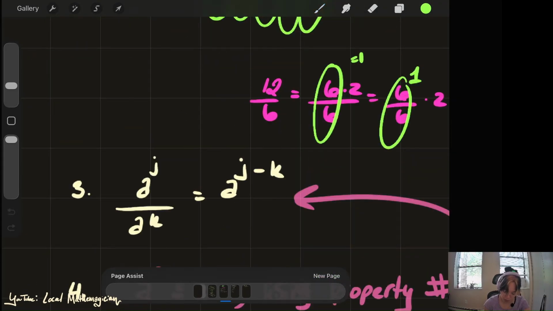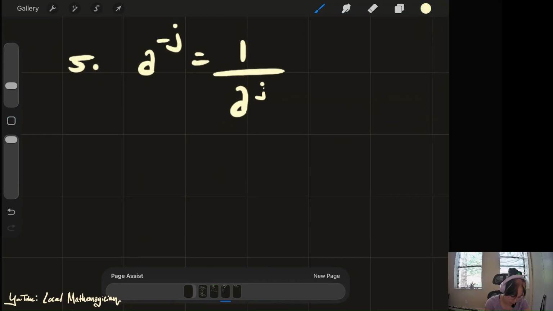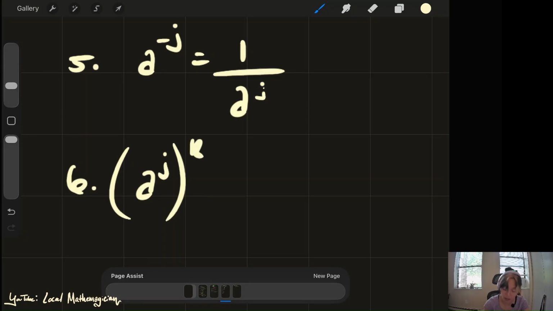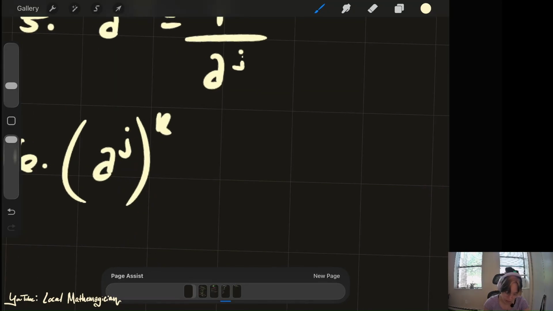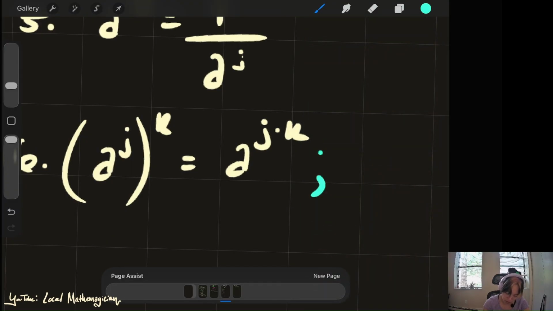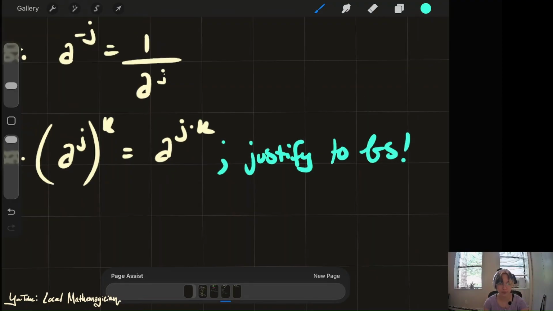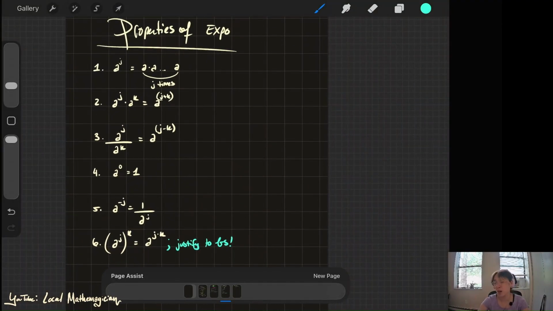And so that last property we have is a to the j to the k is equal to a to the j times k. And I want you to justify for Gradescope as well. And that's properties of exponents. It's pretty straightforward.